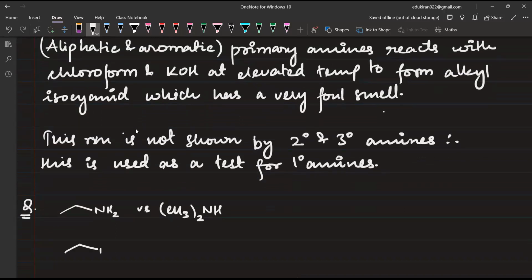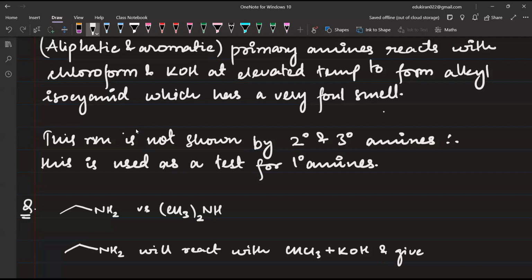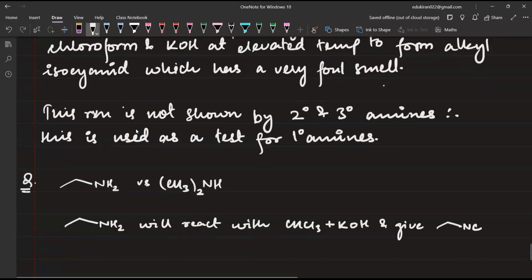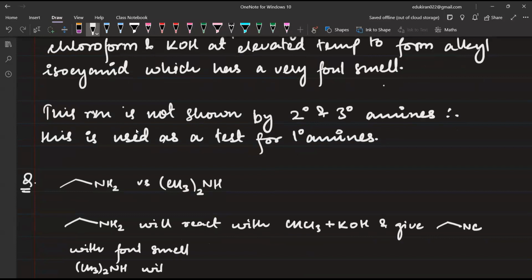You will say RNH2 will react with CHCl3 plus KOH and give RNC with foul smell, and (CH3)2NH will not react.